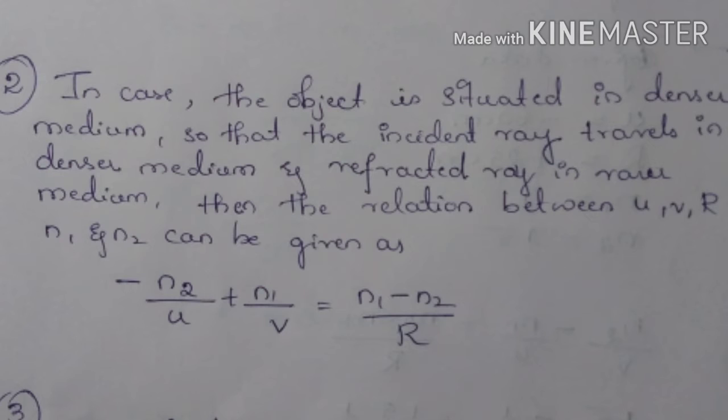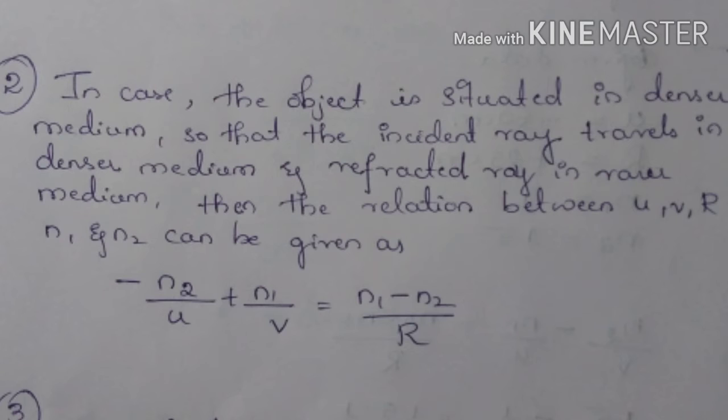That is, light is travelling from denser medium to rarer medium. Then the light ray bends away from the normal and towards the surface. In that case the relation can be given as minus n2 by u plus n1 by v, which is equal to n1 minus n2 by r.